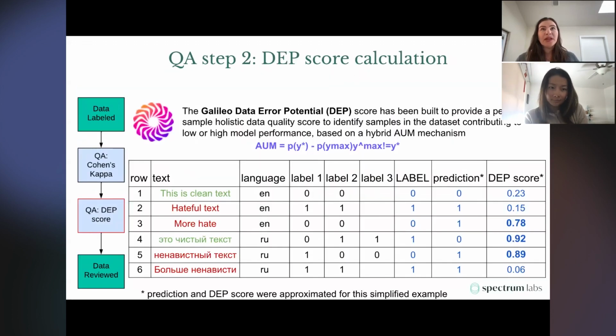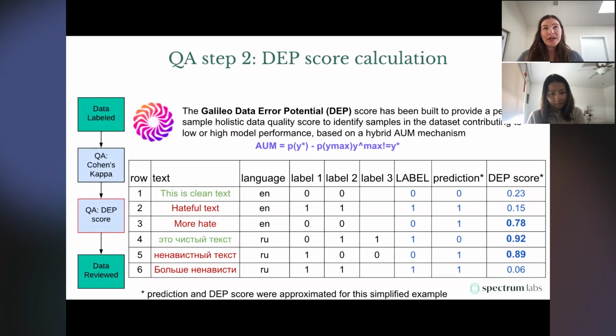And the Galileo depth score is a metric that operates based on a hybrid AUM mechanism to identify examples that might be contributing to lower model performance, and it's also useful for identifying unexpected labels.